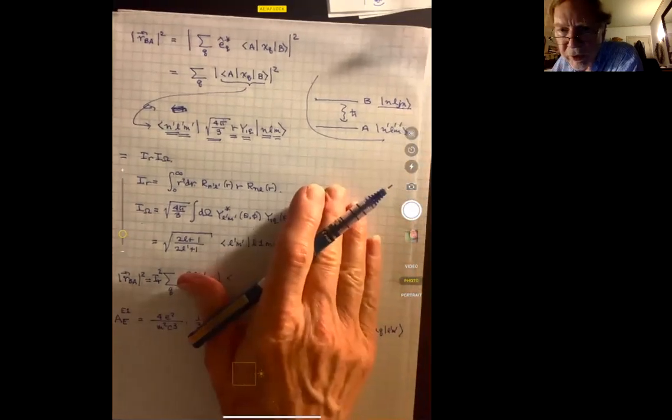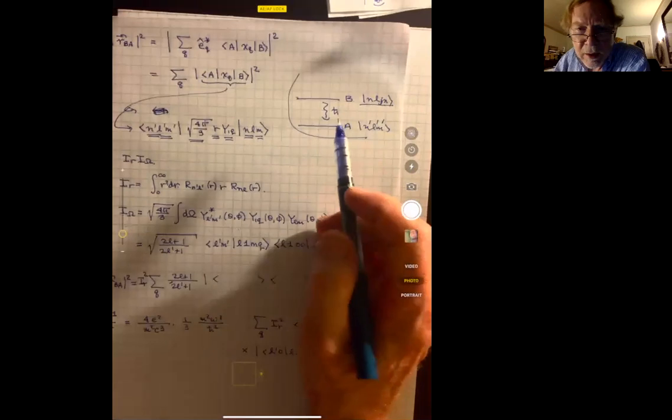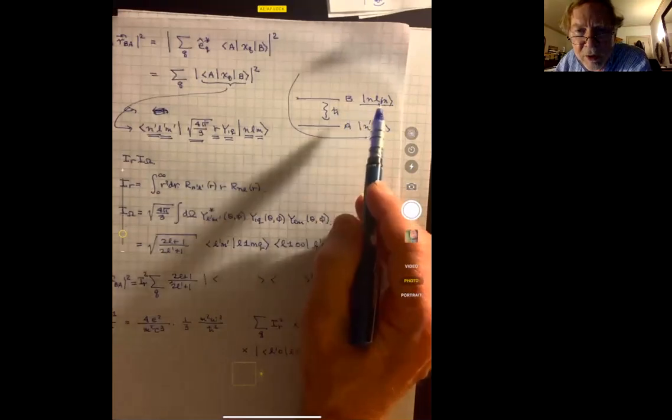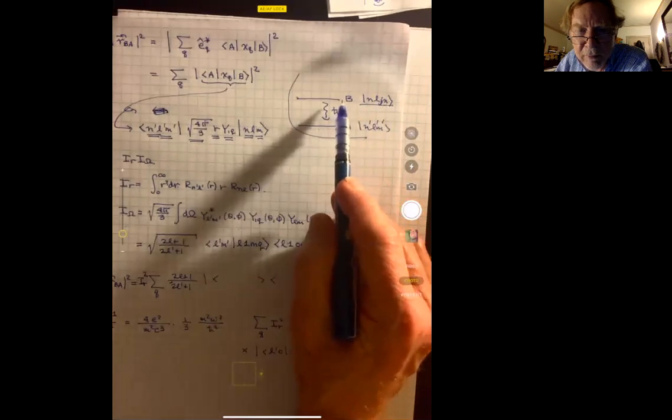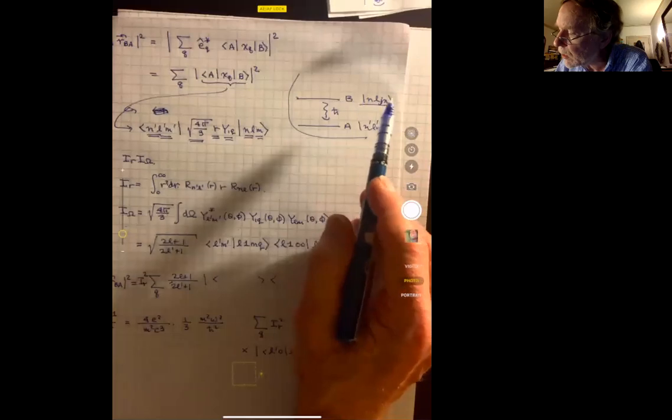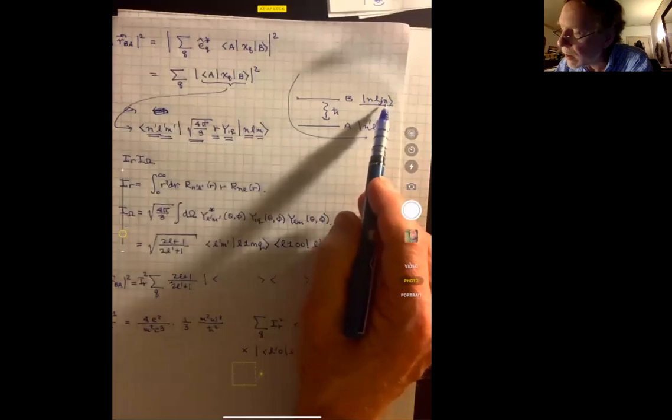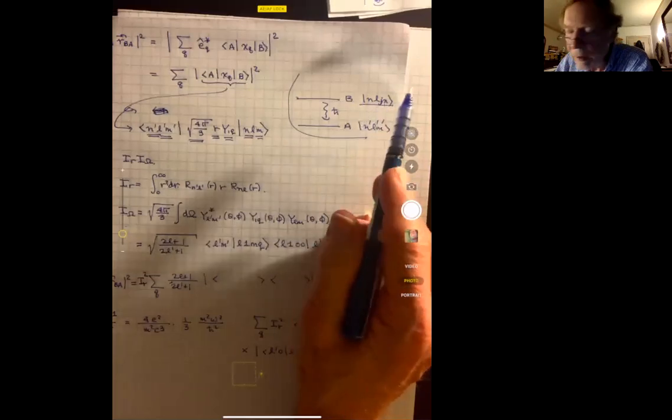So let me bring this over so you can see better. Now, in many practical circumstances, we don't actually know what the magnetic substate is of the excited state. A common case in practice is one in which the excited state is isotropic, as to say it has no spatial orientation, statistically speaking. And that's equivalent to saying that all the initial M magnetic substates are equally probable.